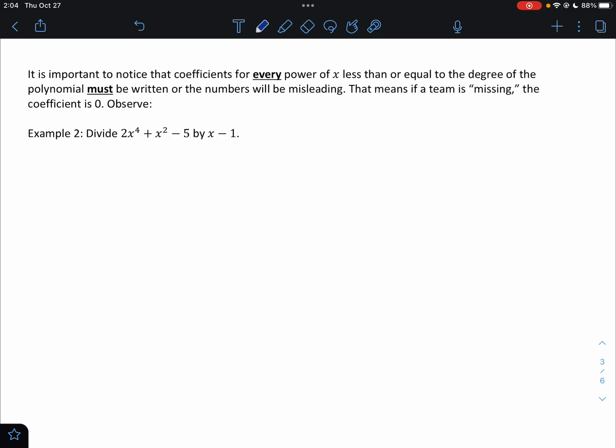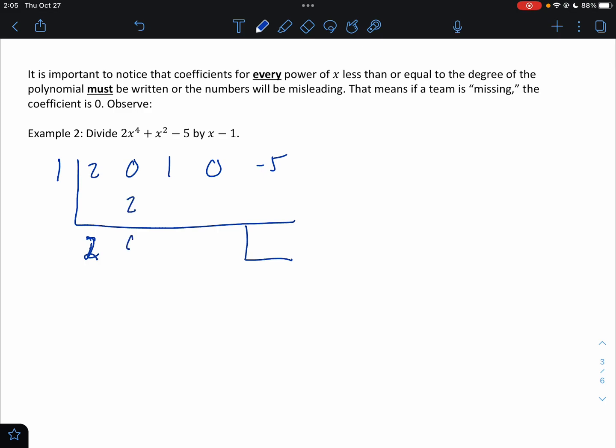Observe what we see here in number 2. So we're dividing by a linear expression. So we're going to go ahead and use the opposite of that, which is 1. Open up my L shape here. My coefficients are 2, but you notice there's no cubic term here, so I have to put a 0. And then 1x squared. There's no linear term here, so I've got to put another 0. And then my constant's negative 5. And now we do our synthetic division. Bring down the 2.